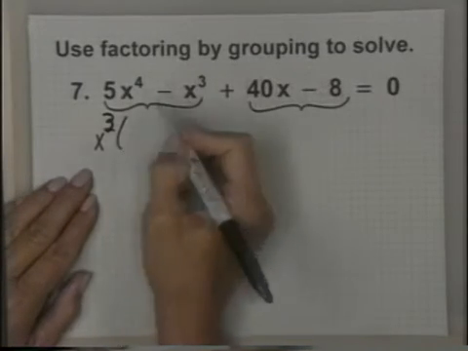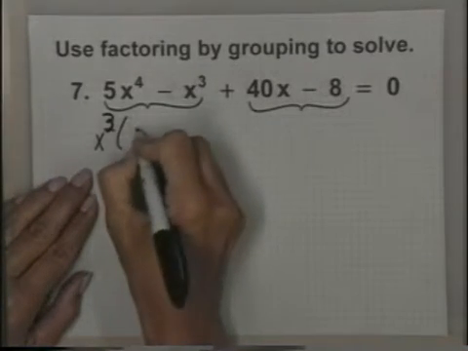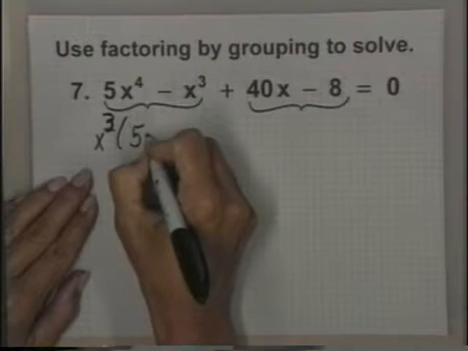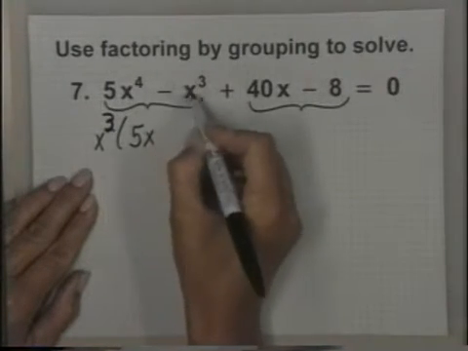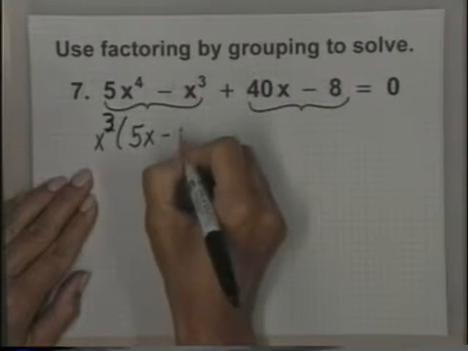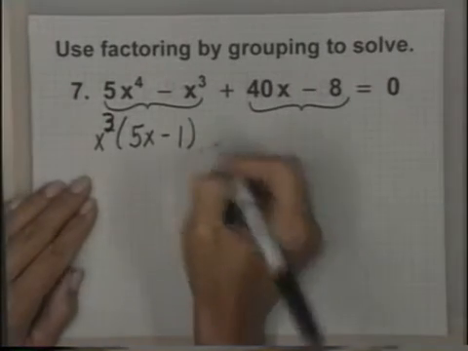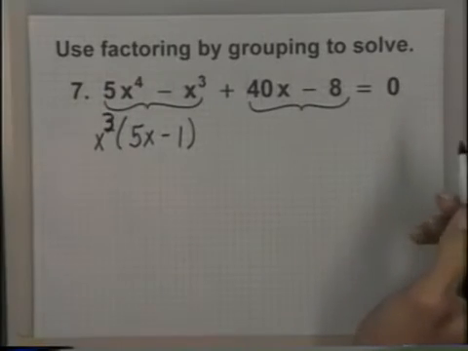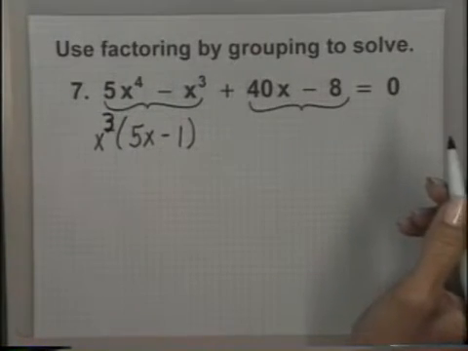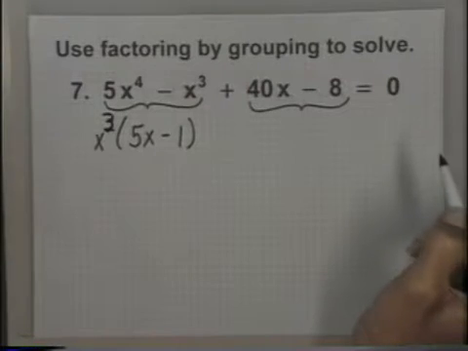When we factor x cubed out of the first term, we're left with 5x. And when we factor x cubed out of a negative x cubed, we're left with minus 1. Moving on to the last two terms, the common factor is 8. Should we take out a positive 8 or a negative 8?